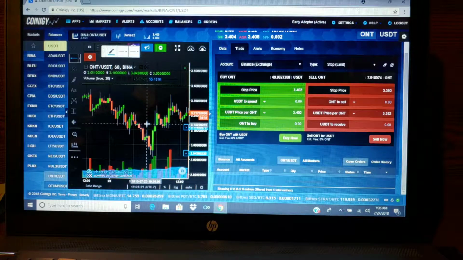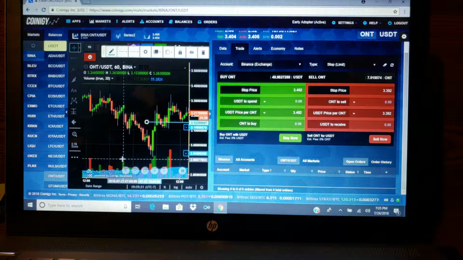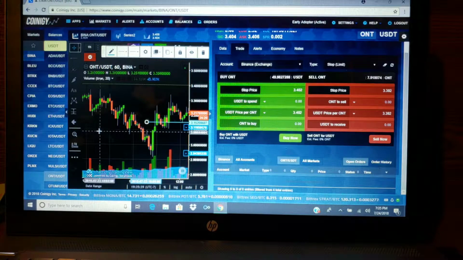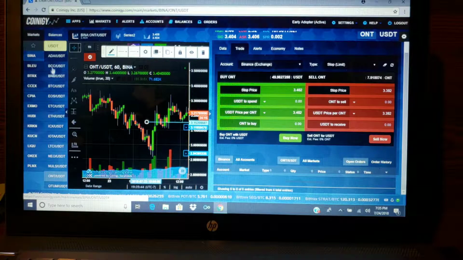Where did we get it? I think ONT and ICX are the two that we bought early. And then Tron, EOS, IOTA are the ones that we bought later on after they had come down just a hair more.